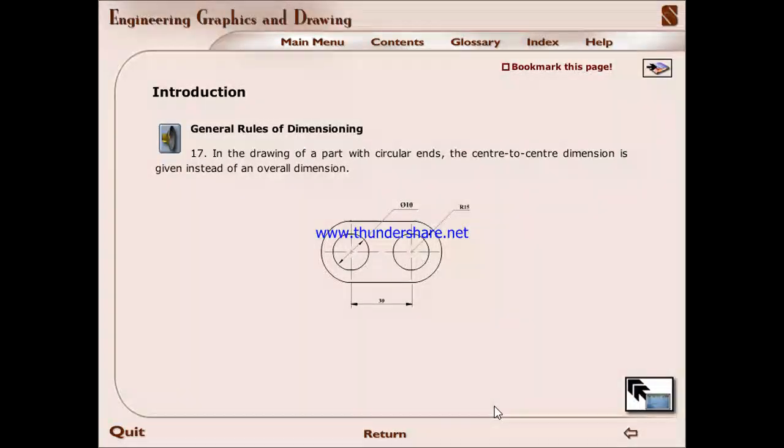These are all the general rules of dimensioning. Total 17 were studied.